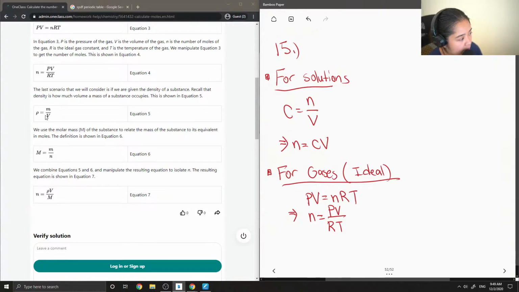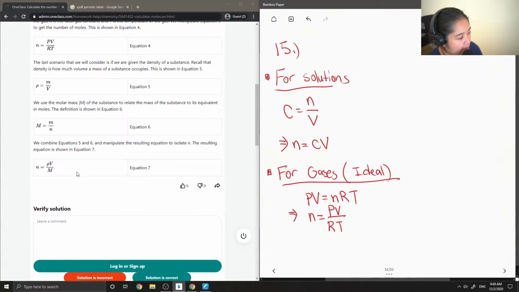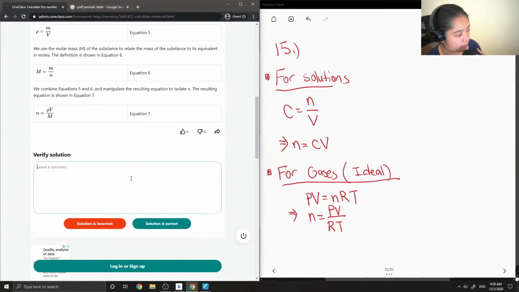If we know that density equals mass over volume, we can use the molar mass of a substance to relate the mass. So if we are given density, mass, and volume, and we also know the molar mass, then we could also calculate the number of moles by manipulating some equations. That's an interesting take. So this solution is correct.